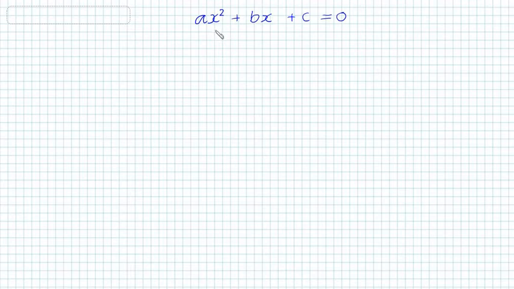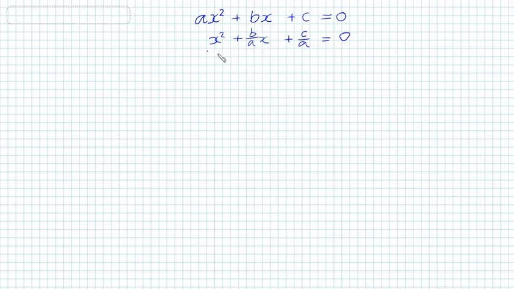So our first task is to make the first term become just simply x squared, which we can do by dividing through by a. So this becomes x squared add b divided by a, x add c divided by a equals 0 divided by a, which is just 0.